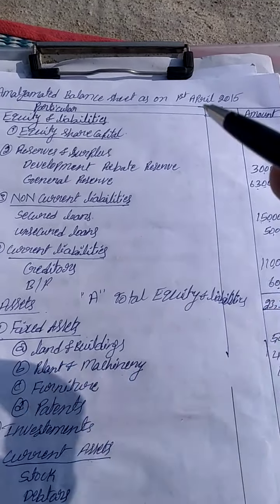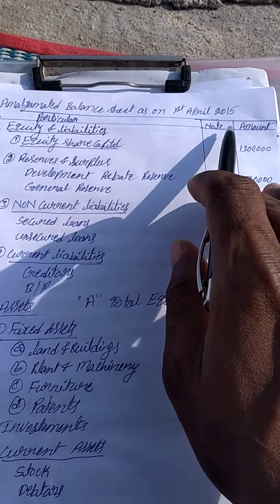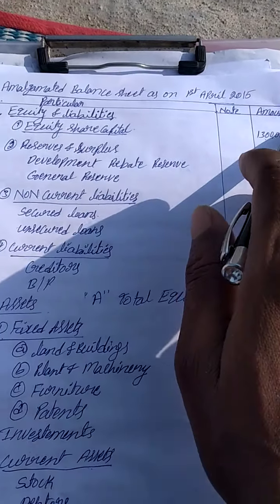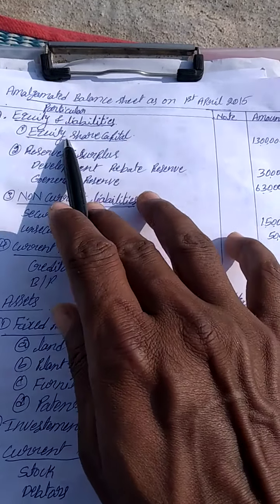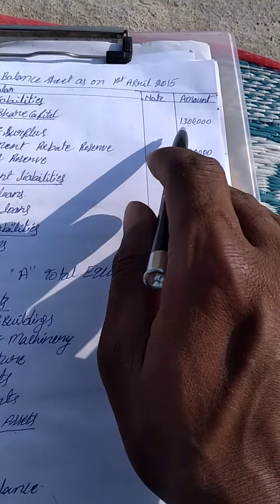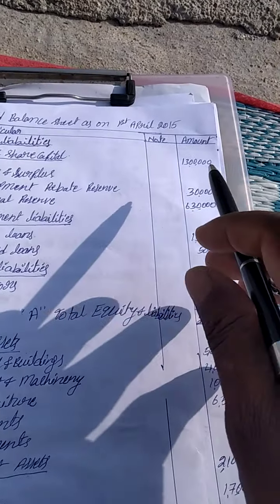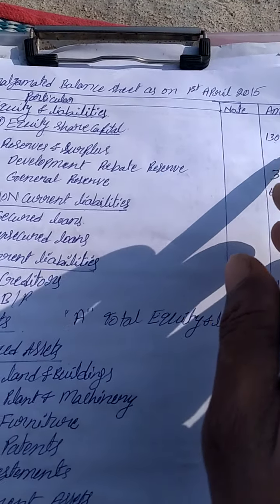I'm going to prepare the balance sheet here also. Look at that amalgamated balance sheet as on 1st April 2015. Particulars as well as note and amount columns. Equity and liabilities: equity share capital, that is 13 lakhs, both purchase consideration paid in the form of equity, 5 lakhs plus 8 lakhs come together 13 lakhs.